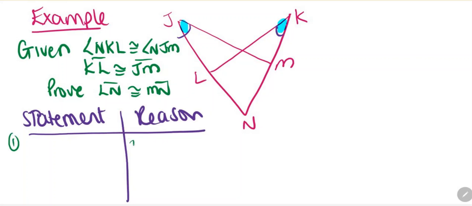Given, we are told the angle NKL is equivalent to NJM.